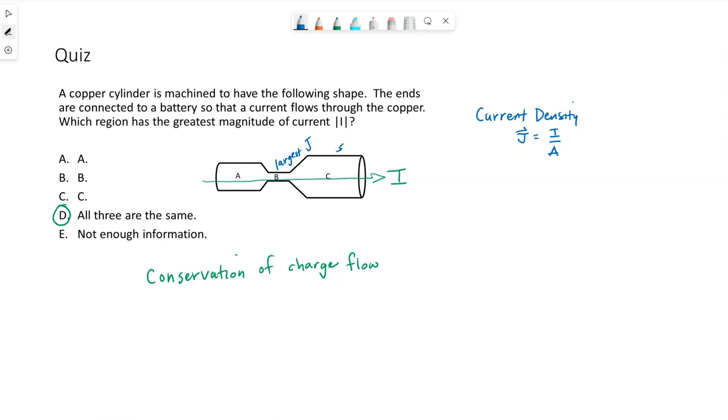C would have the smallest current density. But ultimately, what's important for us to remember is that the current itself is the same. And that's because there's no junction. There's no other path to split off and take.